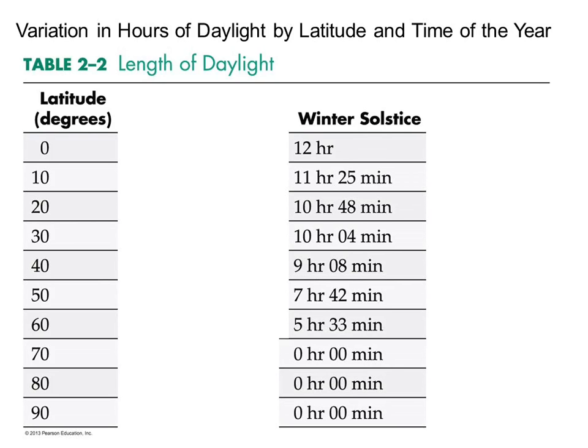It says whichever hemisphere you're talking about, if it's winter, if it's December for that particular hemisphere, if you are north of 66.5 degrees, right here, I don't know why they didn't put that in there, you can see that basically you don't have any sunlight.